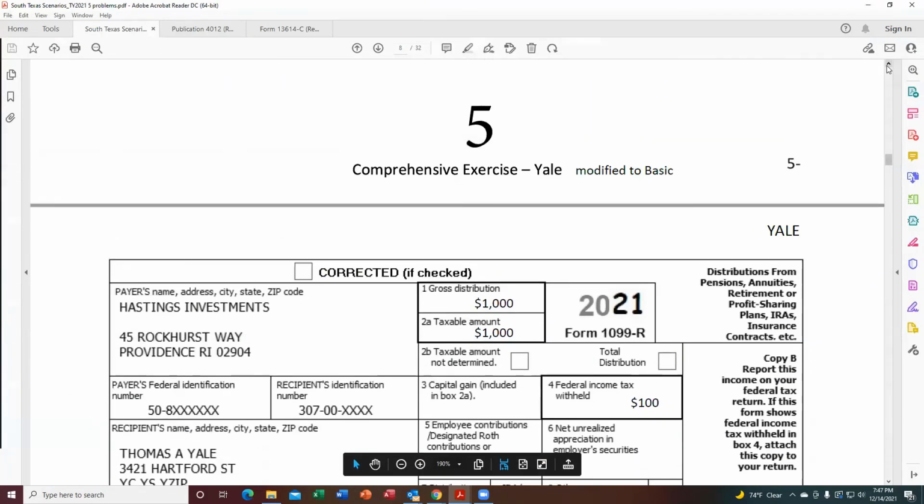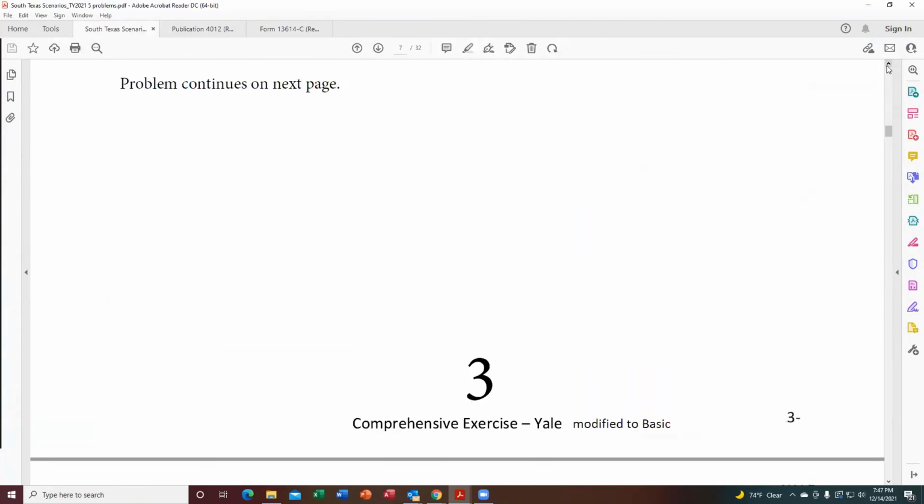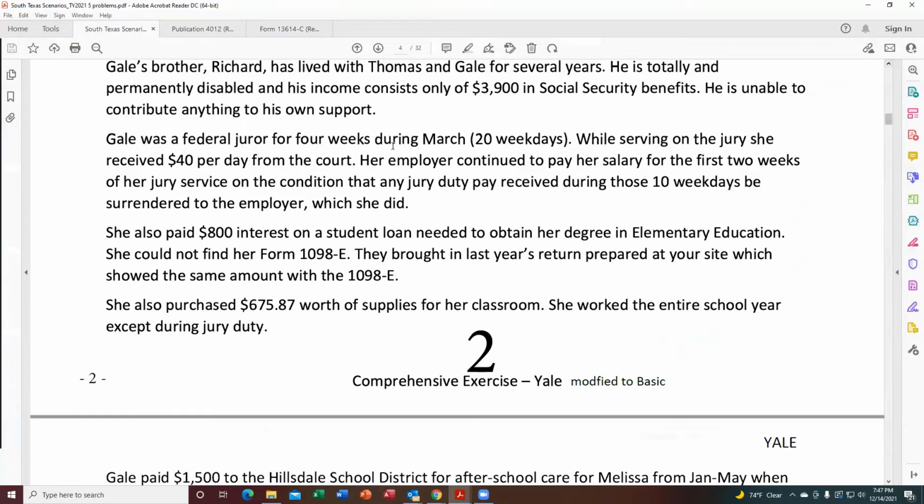So in the notes on that problem, it told you that she served as a juror. Right in here. Gail was a juror for 4 weeks. While serving on the jury, she received $40 per day. And then her employer continued to pay her salary for the first 2 weeks, on the condition that any jury duty pay received during those 10 weekdays be surrendered to the employer.